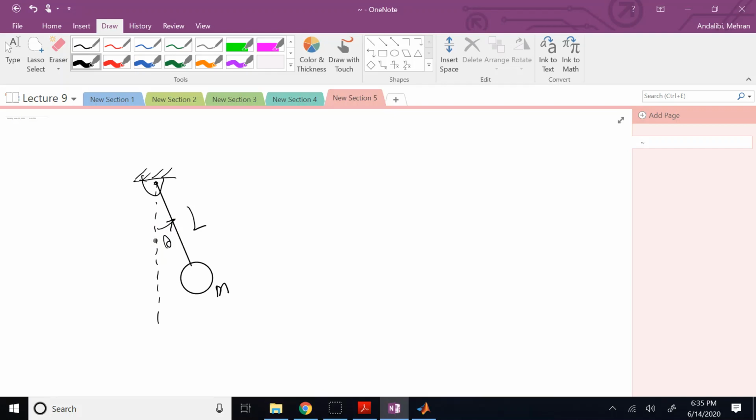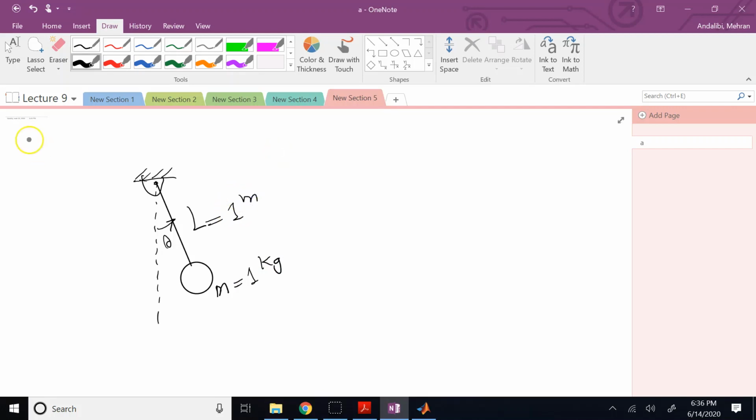So the problem is this, let's provide some numbers. So we make this like 1 kilogram and we make this L like 1 meter to make life easier.